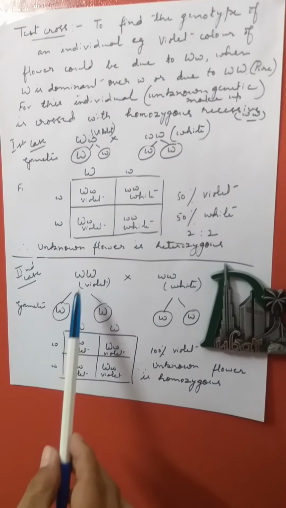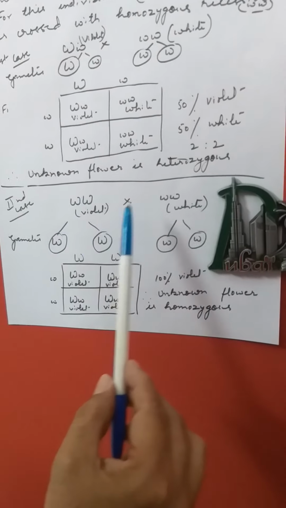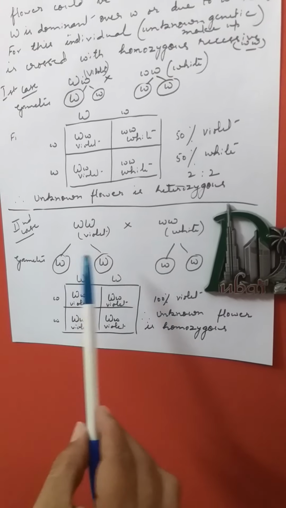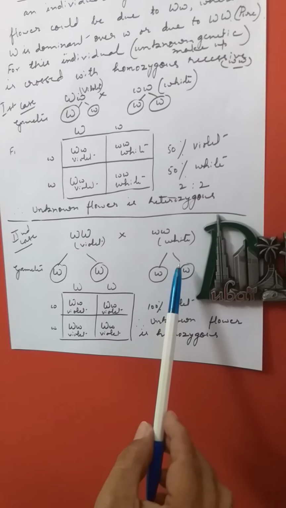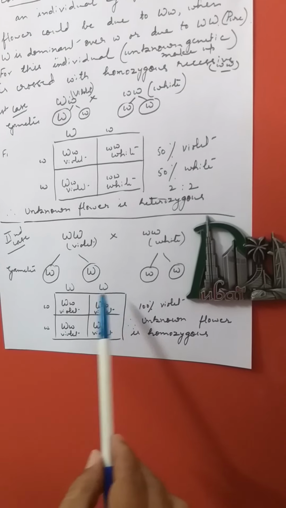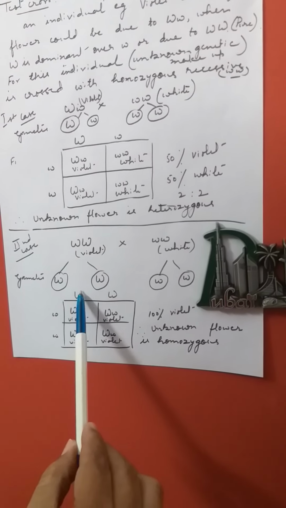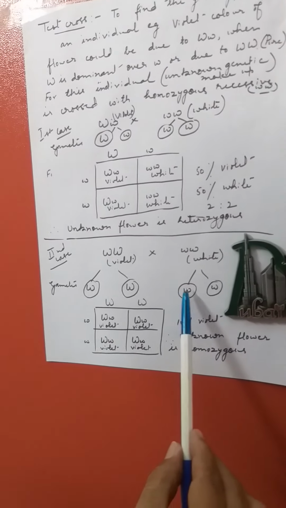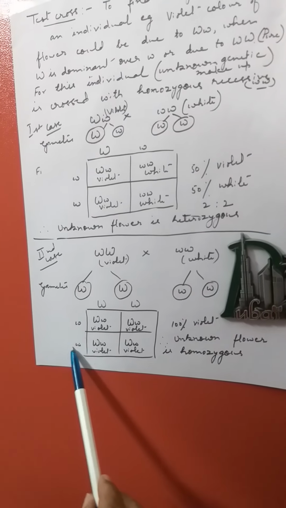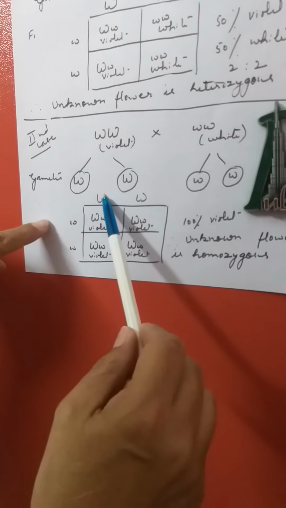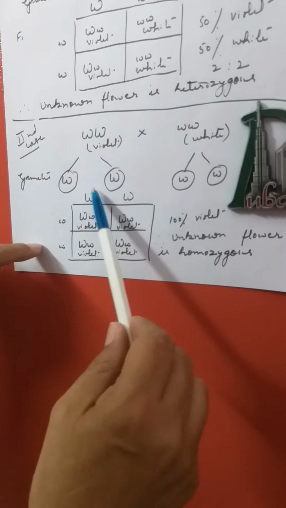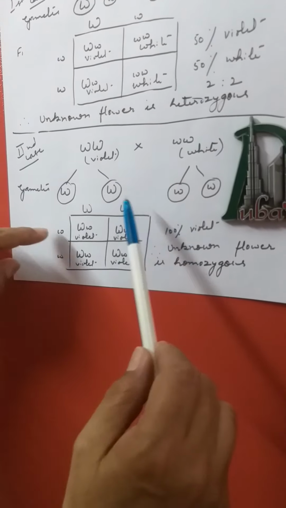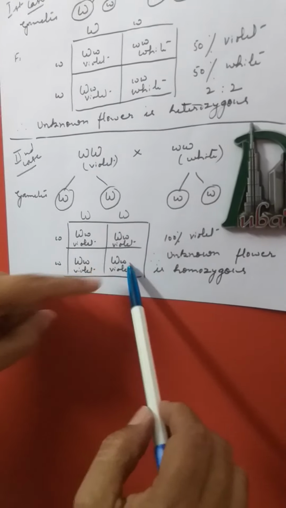In the second case, we suppose this and we make a cross. These are the gametes shown here, and here is the cross. Here we are showing the gametes of this parent, capital W, capital W. Here we are showing these gametes over here and we make a cross: capital W small w, capital W small w, capital W small w, capital W small w.